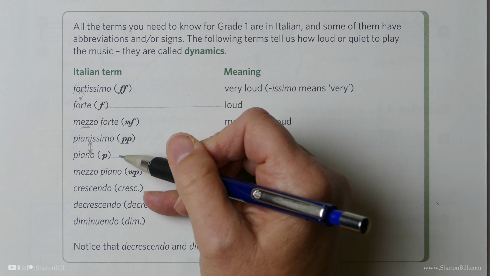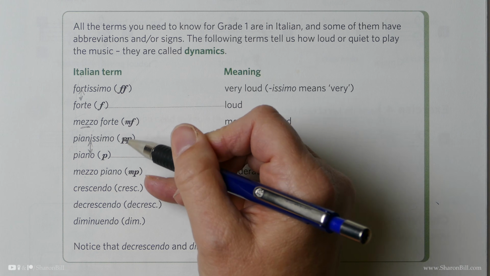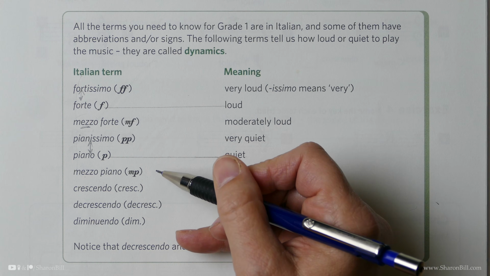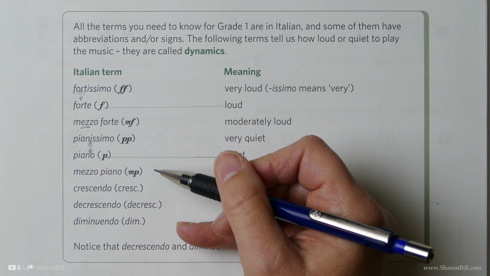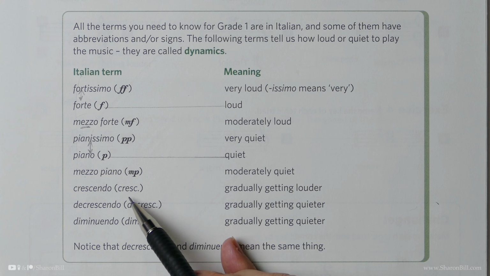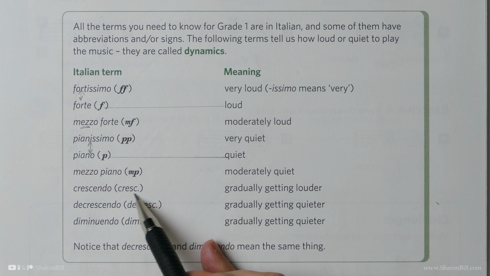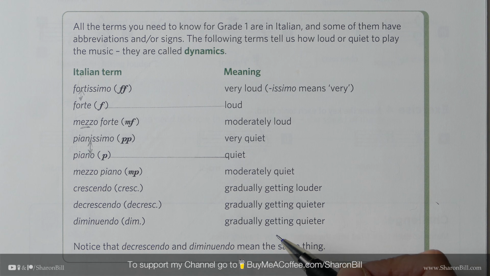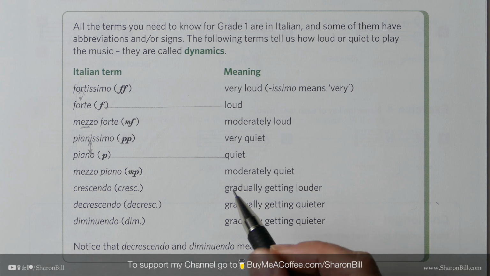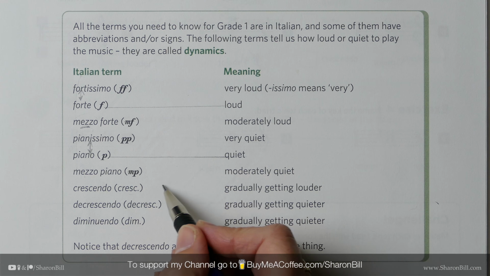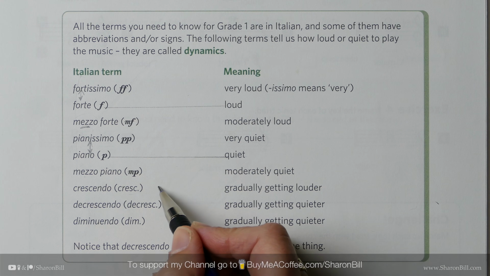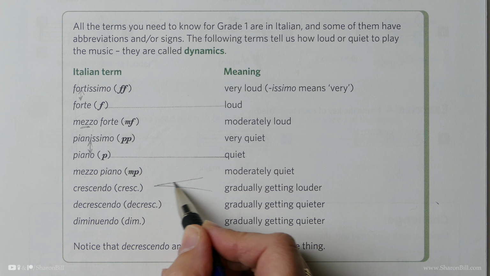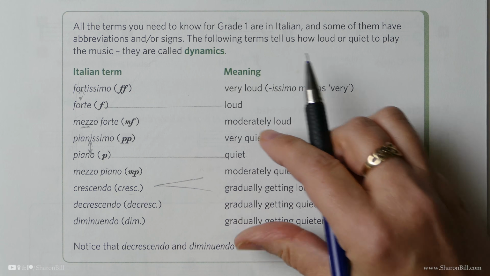But what happens if a composer doesn't want us to suddenly change in steps of volume? If he wants things to grow or fade gradually, we have the crescendo, which is written cresc as an abbreviation, and the symbol for that helps us immensely because it opens out, and we can see that the volume is opening out.